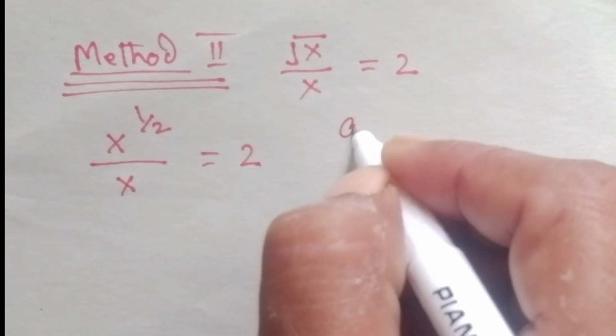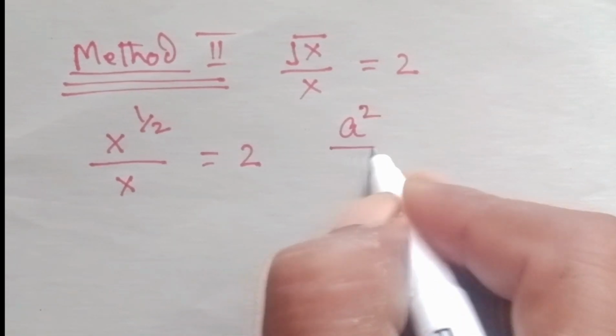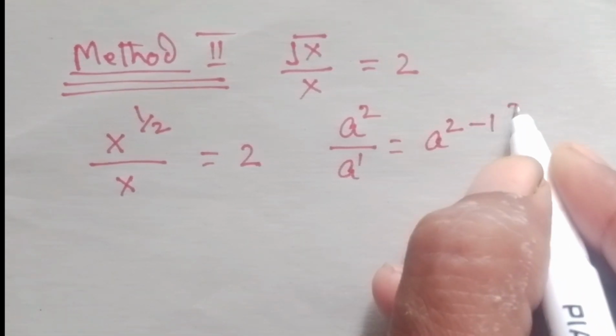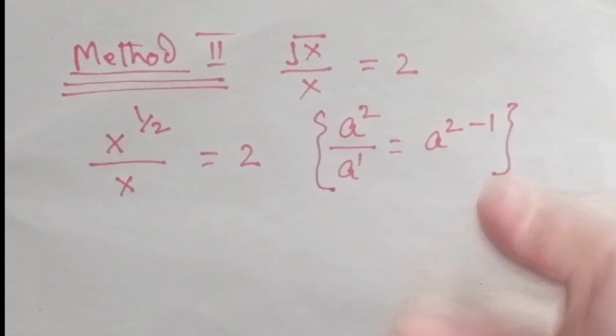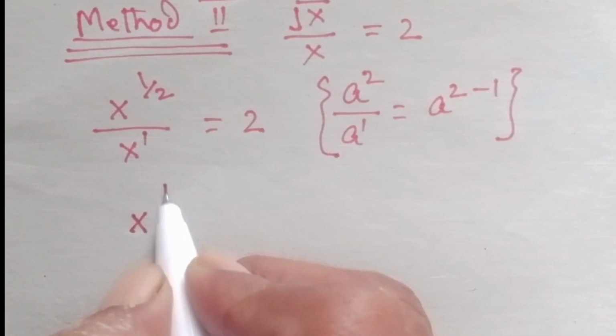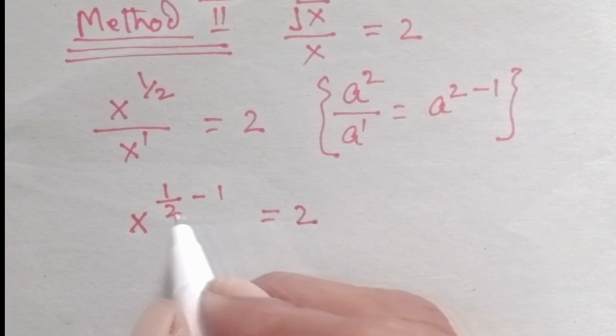According to the exponents rule, we know that a over a to the power 1 is a to the power 1 minus 1.